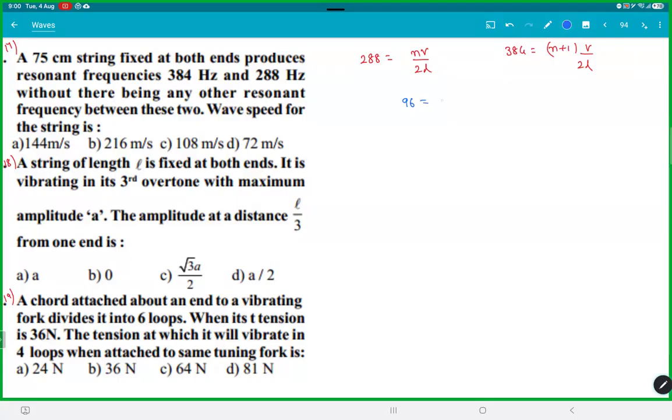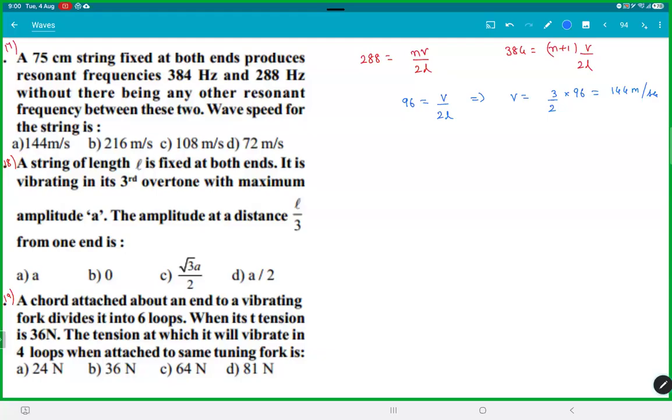We get 96 is equal to v by 2l. Length is given, from there you'll get v ka value, which is 3 by 2, 24, into 96. That's 144 meters per second.